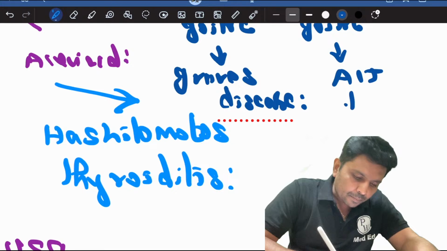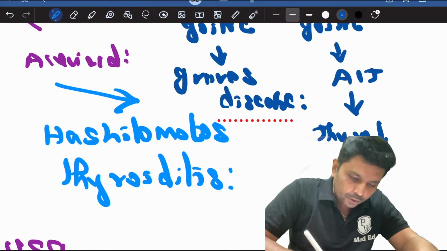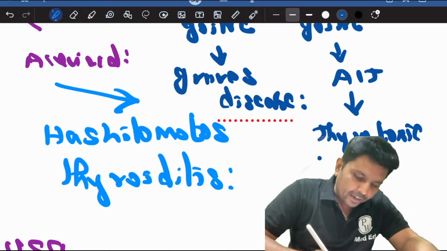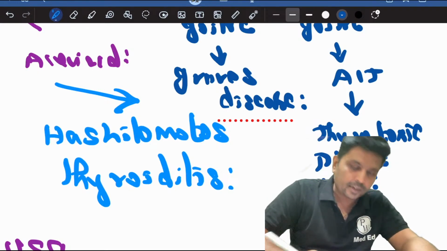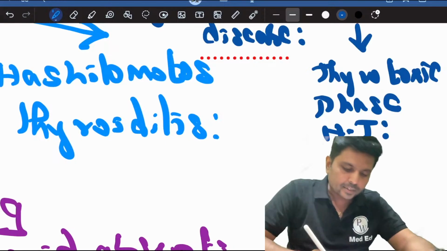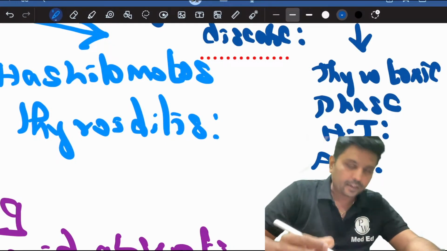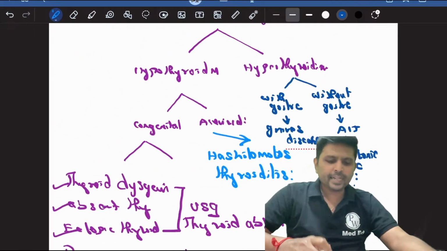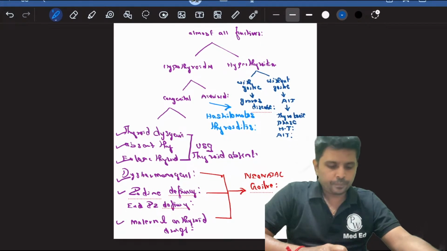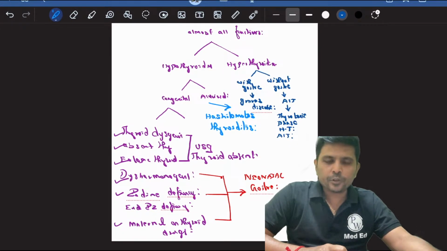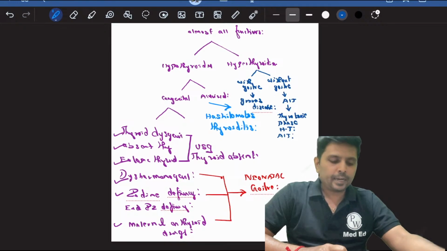It is nothing but the thyrotoxic phase of Hashimoto's thyroiditis. Hashimoto's thyroiditis is nothing but autoimmune thyroiditis. So very simple. These are the things that you need to know basically with respect to hypo and hyperthyroidism.